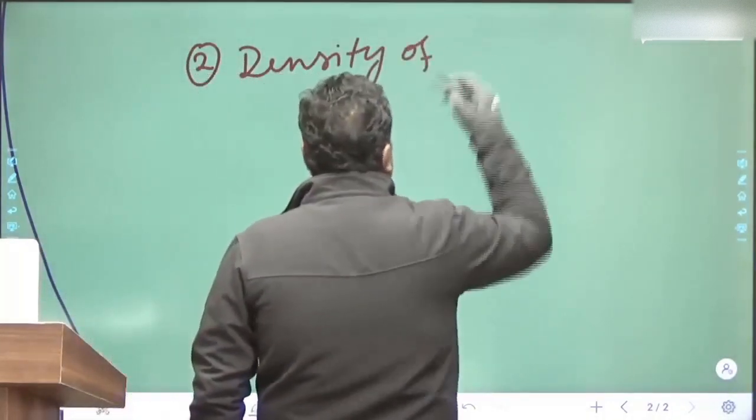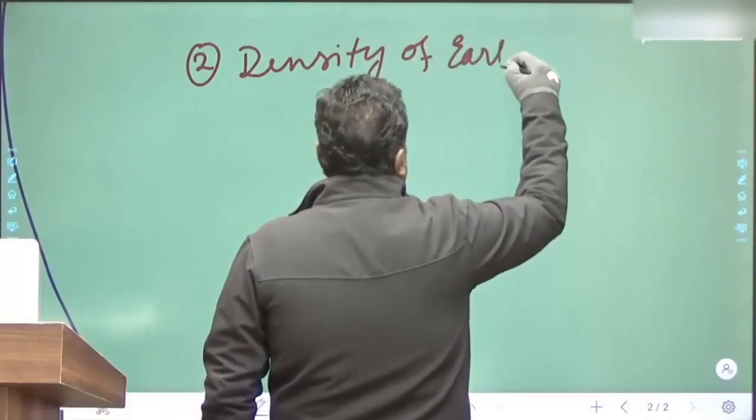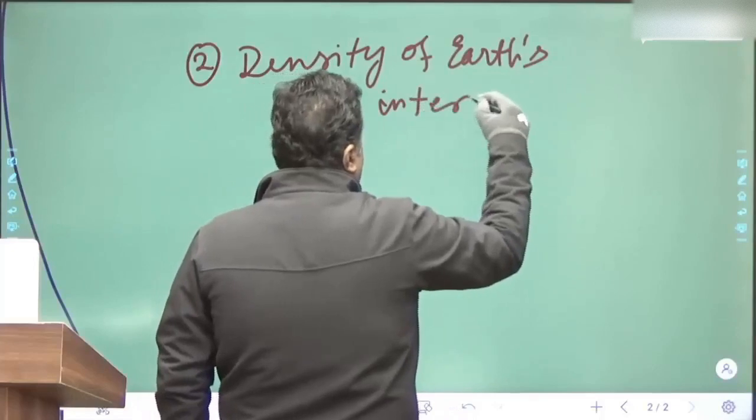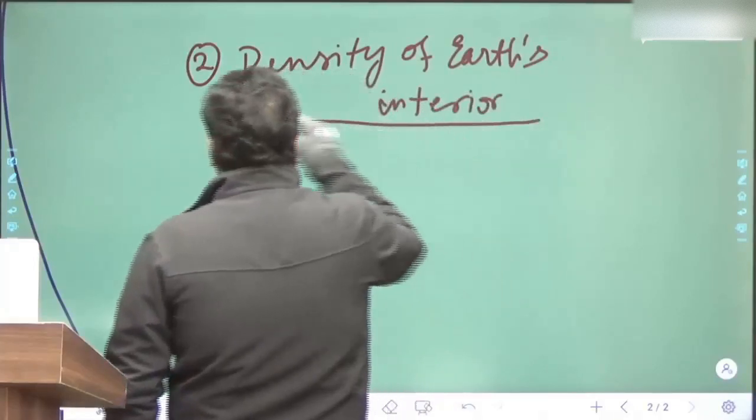What is the density of the Earth's interior?